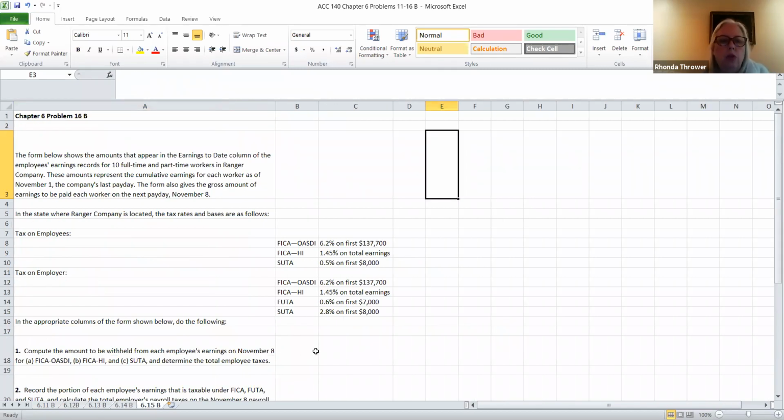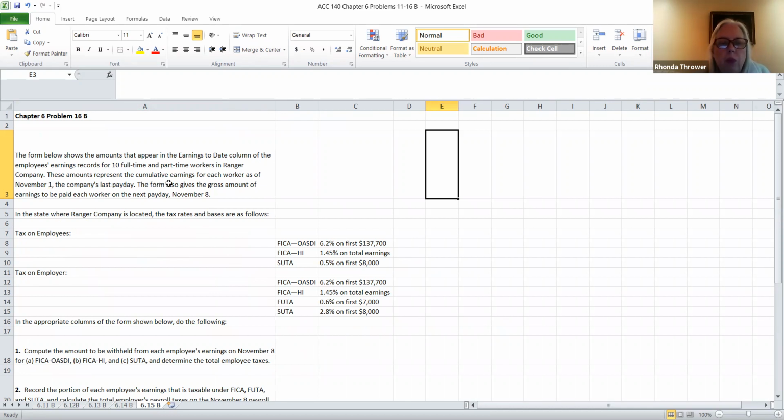So I'm going to move to the last problem that we're going to discuss in this video, and it's going to be 16B. The form below shows the amounts that appear in the earnings to date column of the employee's earnings records for 10 full-time and part-time workers in the Ranger Company.